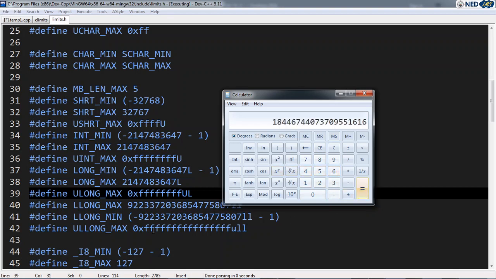So that's what we have here, and if I divide it by 2, that's what we have over here. So that's the maximum possible negative number. Minus is actually this 8 over here. And the maximum positive number would be -1, and that's what we have here.